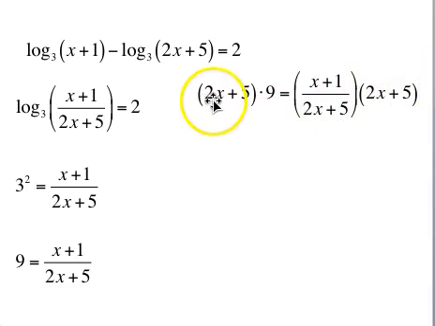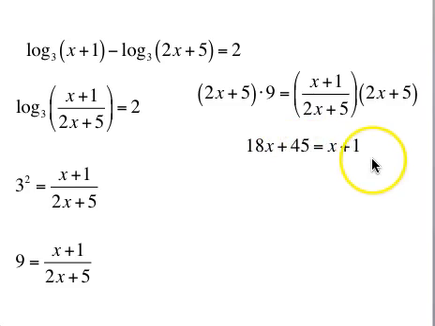On the left we're going to distribute. 2x times 9 is 18x. 5 times 9 is 45. On the right, 2x plus 5 in the numerator and 2x plus 5 in the denominator will divide out. So all that's left on the right side is x plus 1. So again, distributing, 18x plus 45 on the left is going to equal x plus 1 on the right.